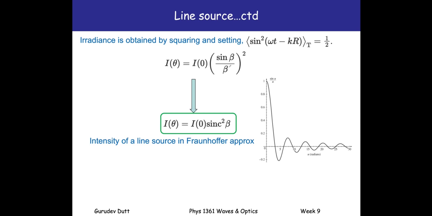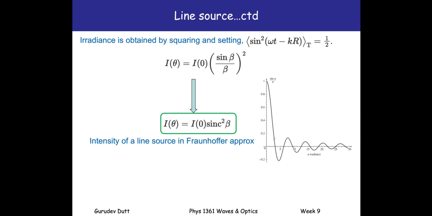This function, sine beta over beta, is called the sinc function, and therefore the irradiance is a sinc squared function. So I've plotted here the sinc function, sine u over u. You can see that it has a maximum at the center and undergoes a minimum over here, and you can immediately see what value of beta must give you the minimum, because sine beta needs to vanish.